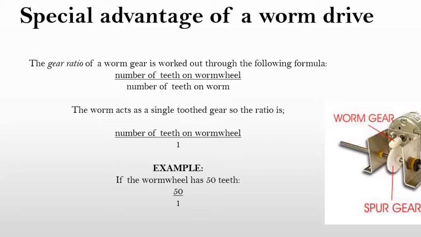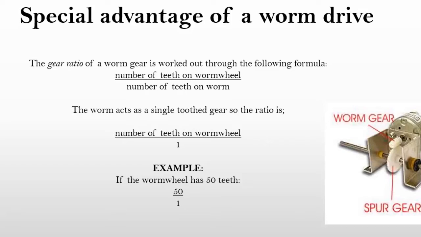One. So one over the number of the teeth on the worm wheel. Let's say this spur gear has 50 teeth. Then what is the gear ratio of this worm drive? 50 over 1, so the gear ratio is 50. So you can get a higher gear ratio. That is the special advantage of this worm drive.